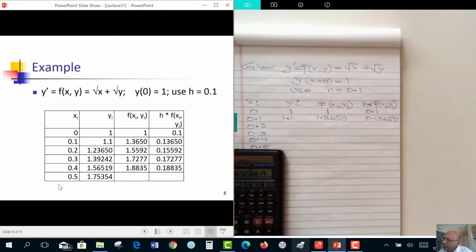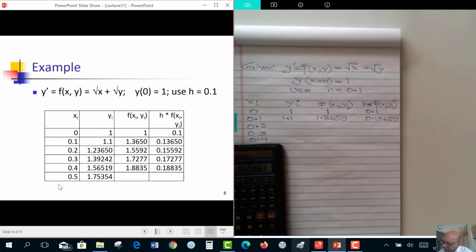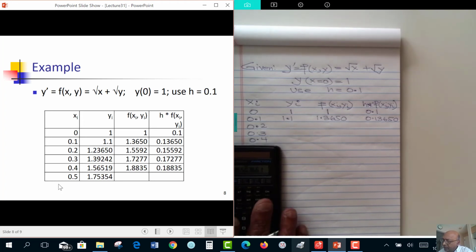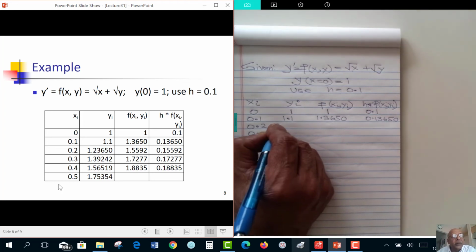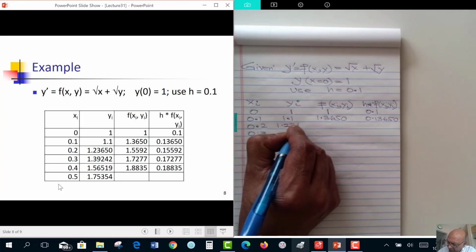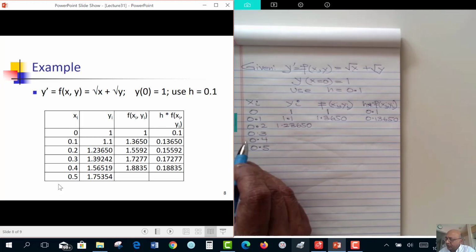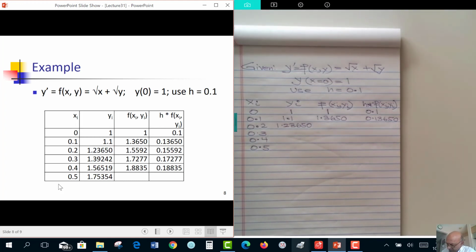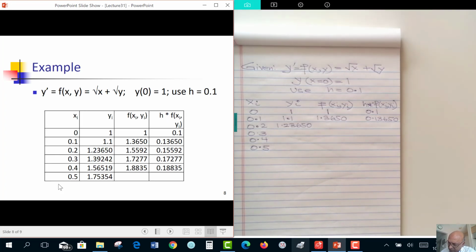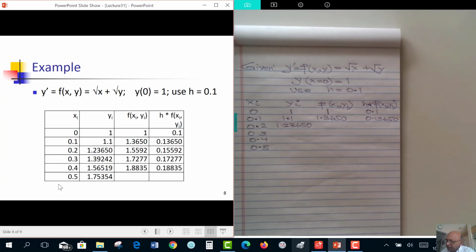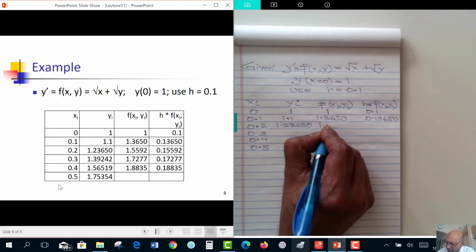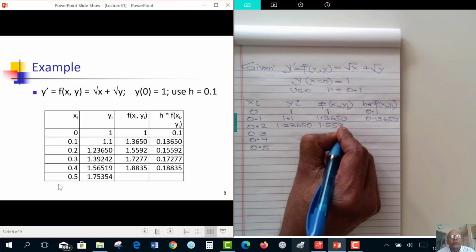So we will add it to 1.1. So we'll get 1.2365. So we do square root of 0.2 plus square root of 1.2365. So we'll get 1.5592.